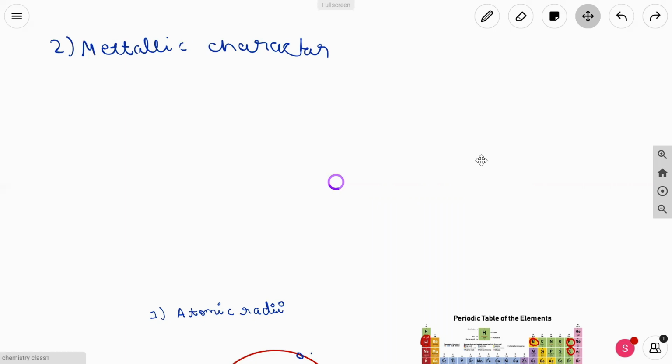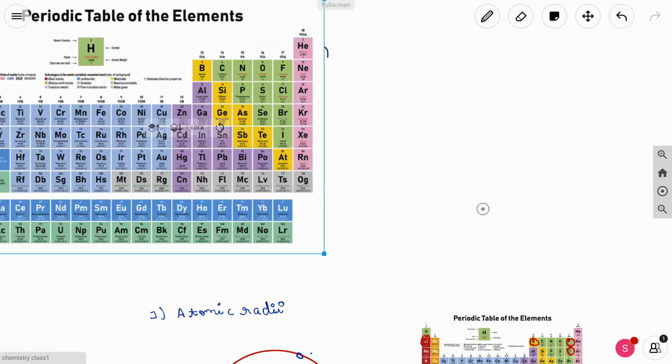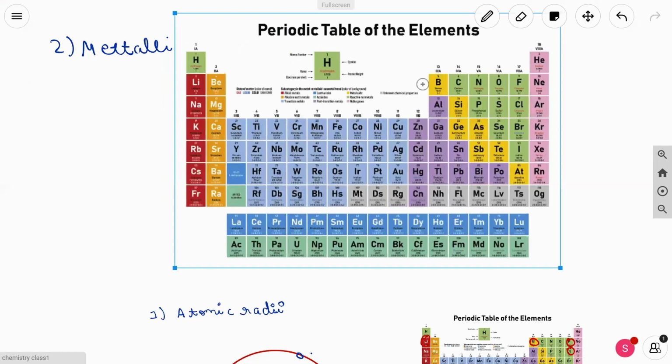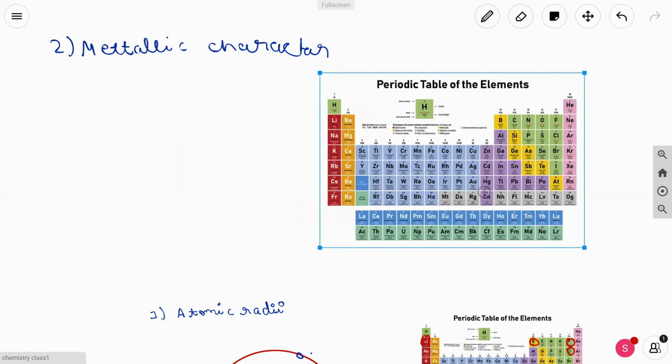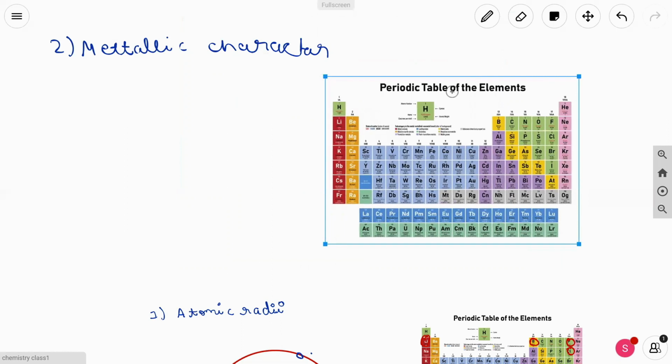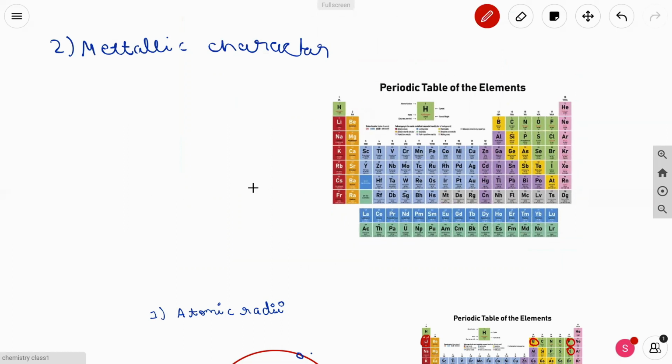So atoms like lithium, beryllium, or any of the first three groups will lose electrons comparatively more easily as they can form noble gas configuration. Remember, one rule in chemistry is that all reactions happen to get stability, and noble gas configuration is the most stable state. So lithium, beryllium, boron, sodium, magnesium, aluminium can easily lose electrons and form noble gas configuration.